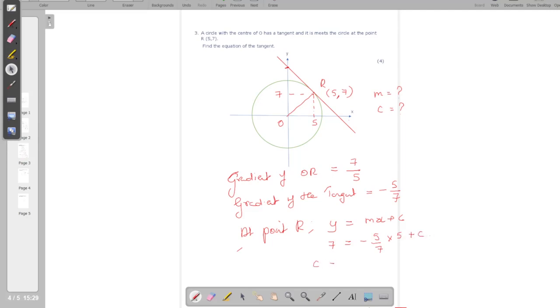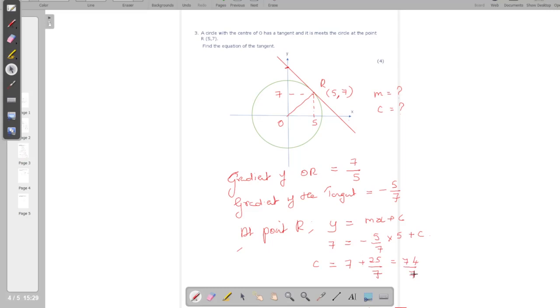Therefore, c is equal to 7 plus 25 over 7, which is 49 plus 25 over 7, 74 over 7. That is the c.